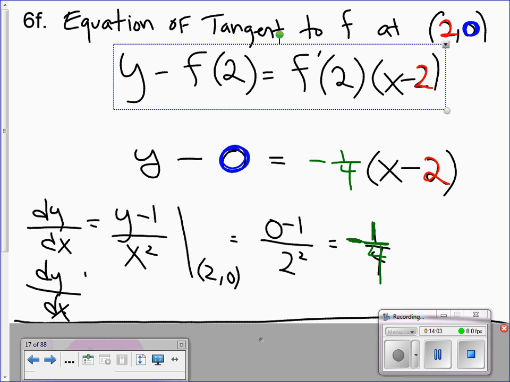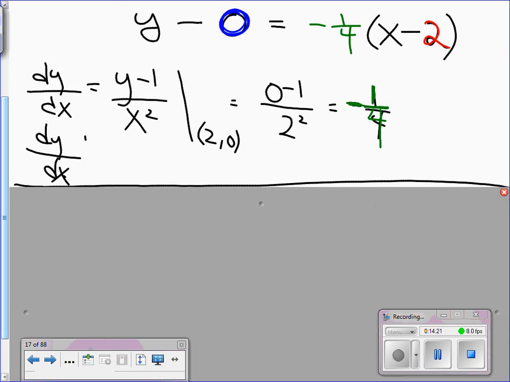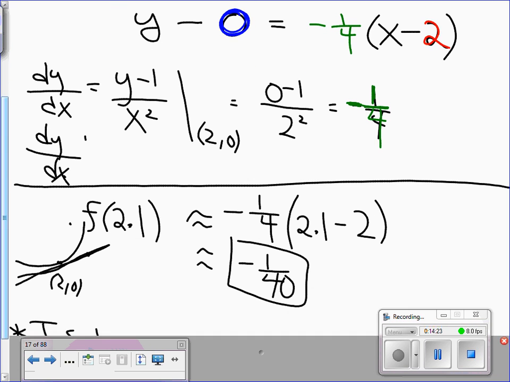So you got the equation of the tangent line, and then in the next part they say use it to approximate f of 2.1. What do you do for that? Yeah, you plug the 2.1 into the x of your tangent line. Easy breezy. Oh, sorry.